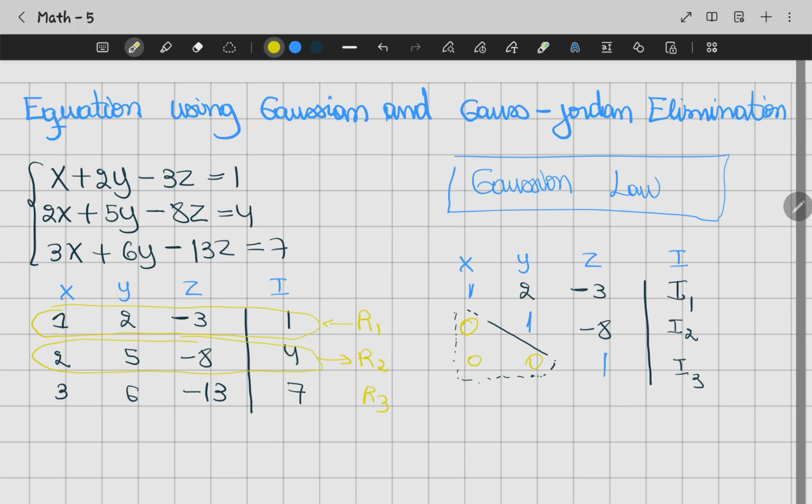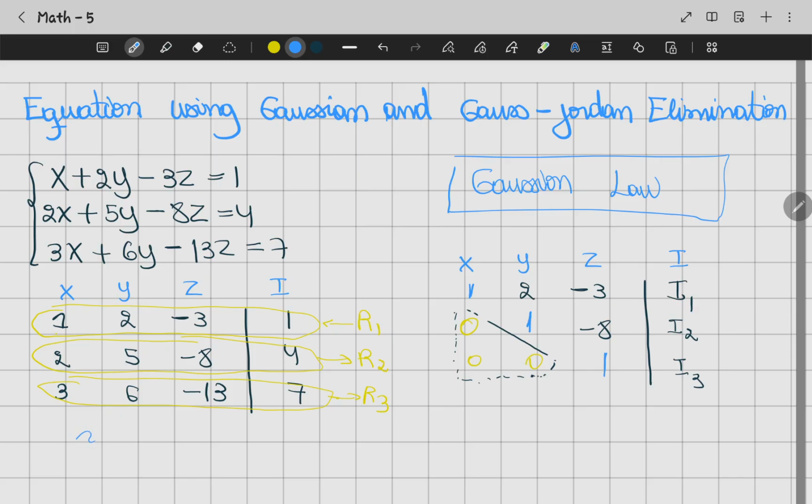This one is row 2 and that one is row 3, to give you an idea. So we're going to add them or subtract them, and there is one condition: we can only add, subtract or multiply 2 at the same time.